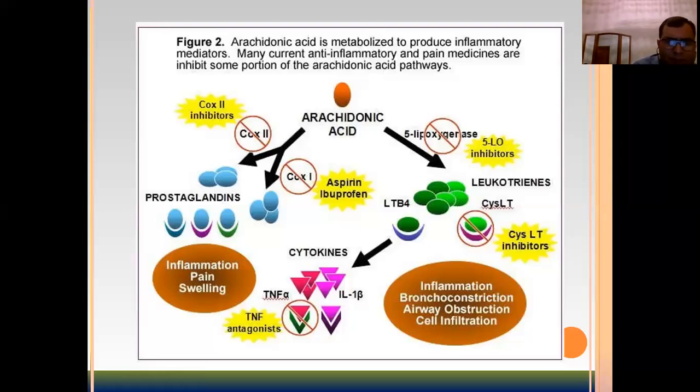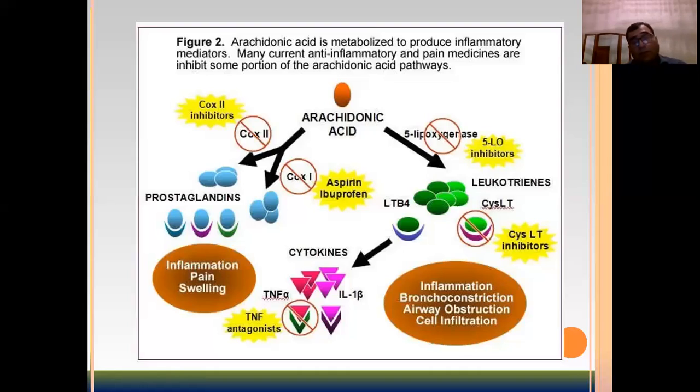Another pathway that arachidonic acid goes through is 5-lipoxygenase, where it is converted to leukotrienes. These leukotriene A4, C4, D4, E4, F4, and B4 cause bronchoconstriction and vasodilatation.